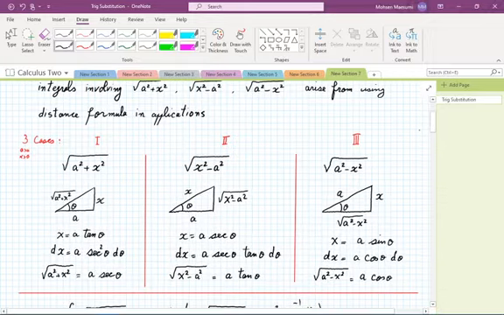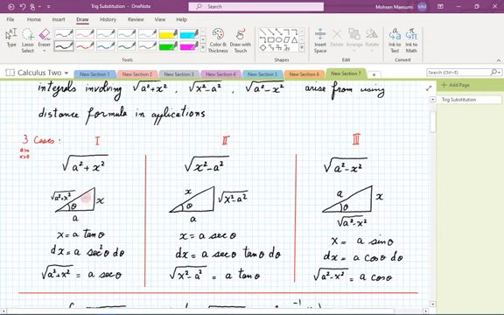Three types of expressions show up: sum of two squares, and difference of two squares with the variable first or the variable second. In this case we consider a right triangle, a being this leg, x the opposite of the angle, and the hypotenuse will be the exact expression that we are after.